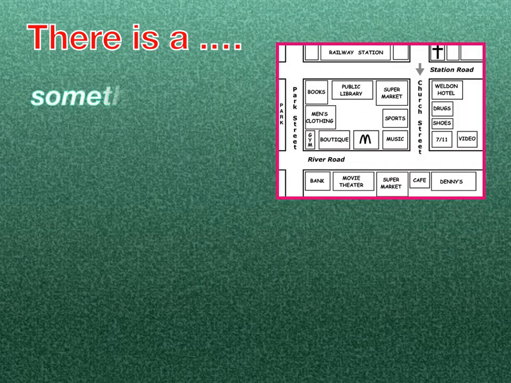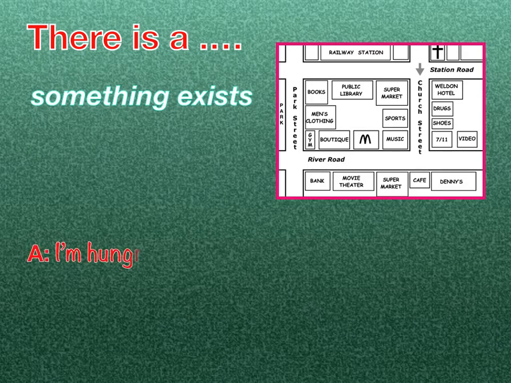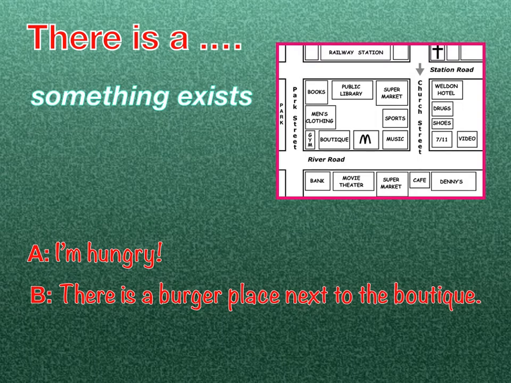When we want to tell someone that something exists, then this pattern is really useful. You can see the map here, so let's use an example. Someone says, "I'm hungry." And the other person says, "There's a burger place next to the boutique."